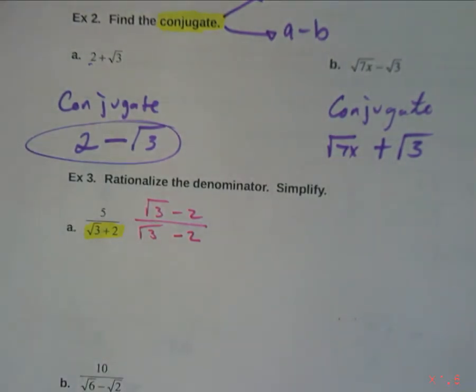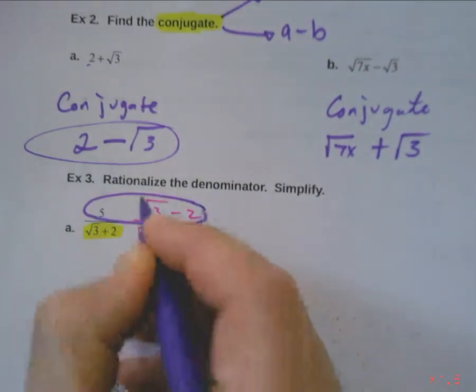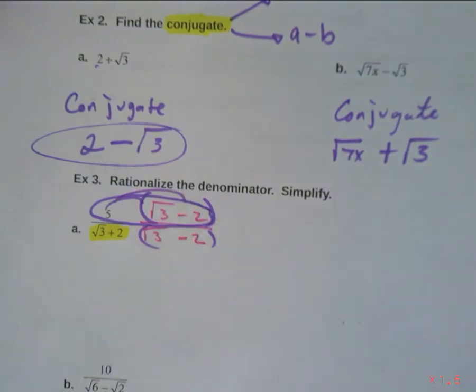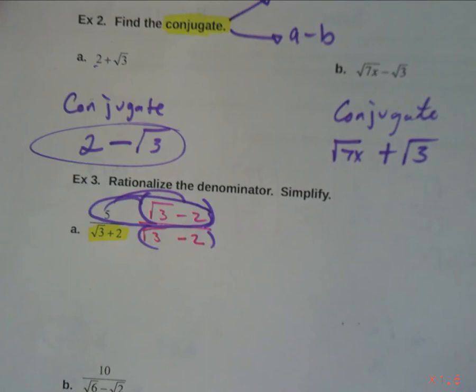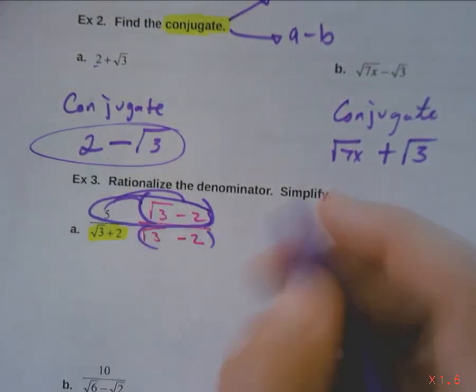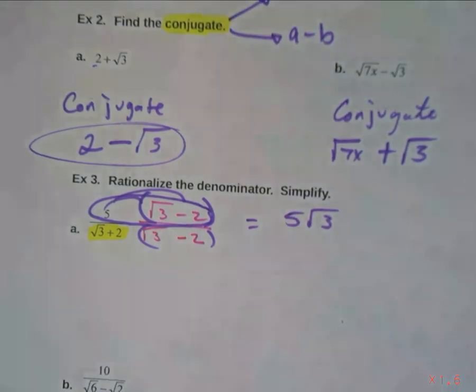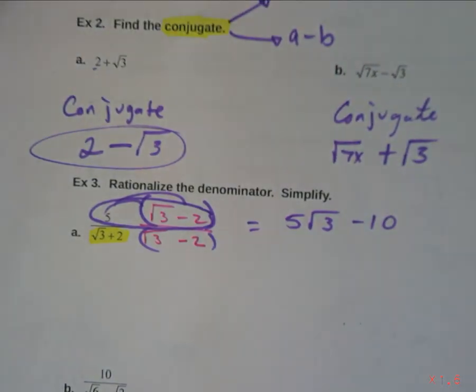Okay, so I'm going to do the top here in purple. I'm going to take this 5 times each one. Remember, numbers on the outside work with numbers on the outside, and numbers on the inside work with numbers on the inside. So 5 times root 3 is just 5 root 3. And then 5 times negative 2 is negative 10. So that's pretty easy.